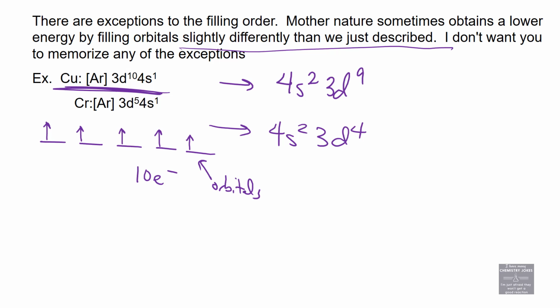When I get 5 electrons into a d subshell, we say that subshell is half filled, and half-filled subshells are reasonably stable. So chromium adopts this half-filled 3d rather than a less than half-filled 3d. It has a half-filled 3d and a half-filled 4s, and that brings a little extra stability, a little lower energy, to adopt that electron configuration.